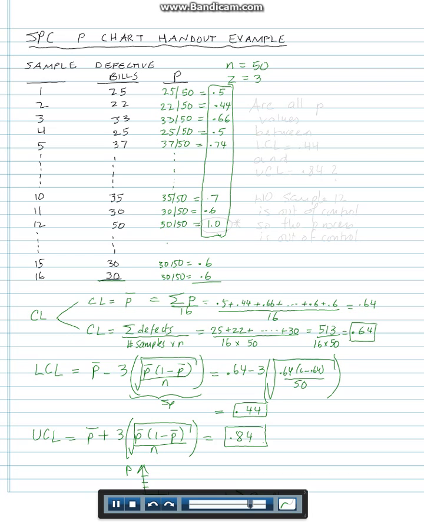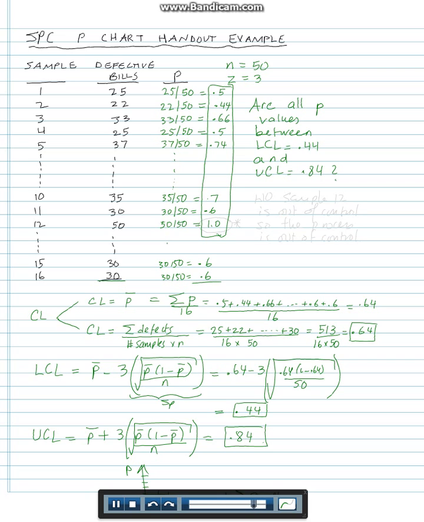All we have to do is look at these numbers and ask ourselves, are all P values between LCL, which is equal to 0.44, and UCL, which is equal to 0.84?